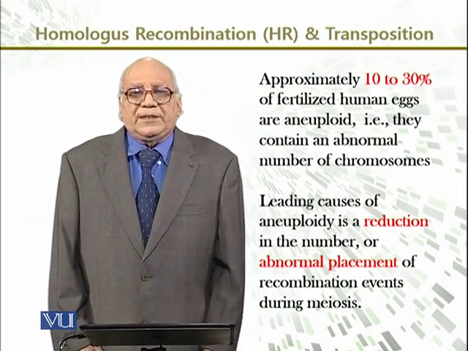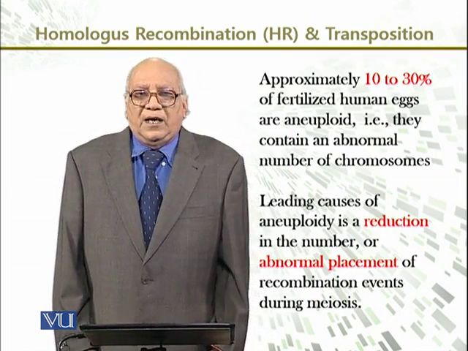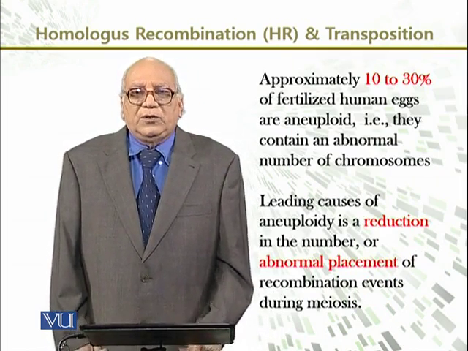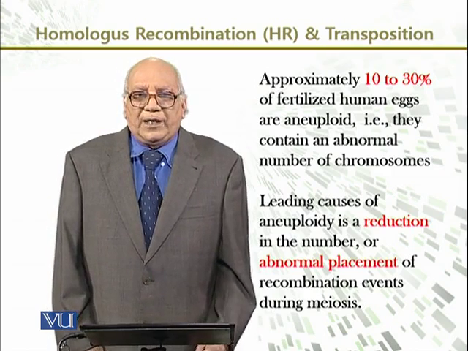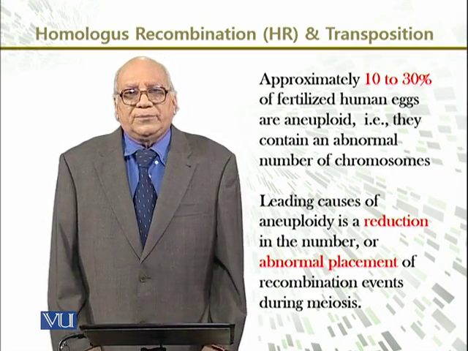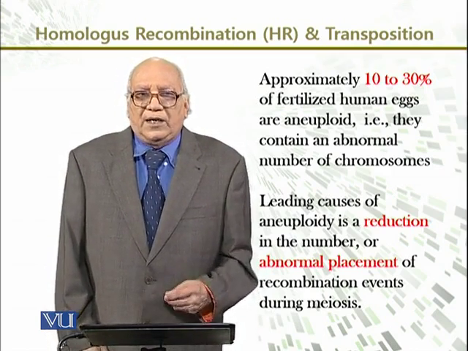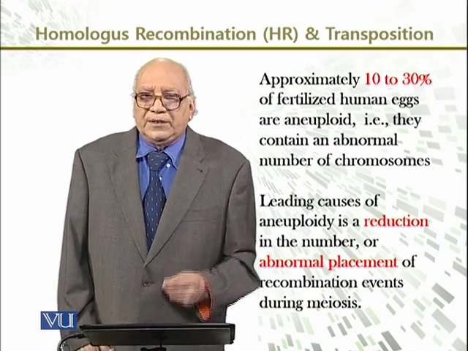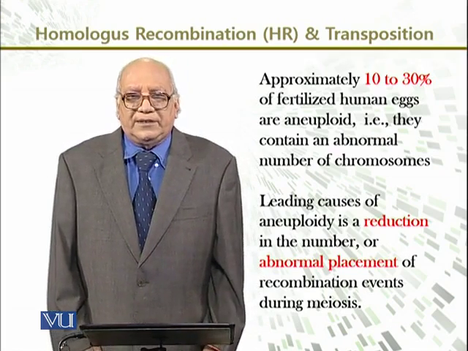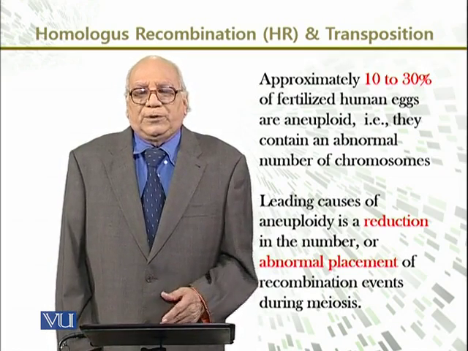Now, approximately 10 to 30% of fertilized human eggs are aneuploid. What is aneuploid? Aneuploid cells contain an abnormal number of chromosomes. You see, in homologous recombination there are chances that some abnormalities are produced.